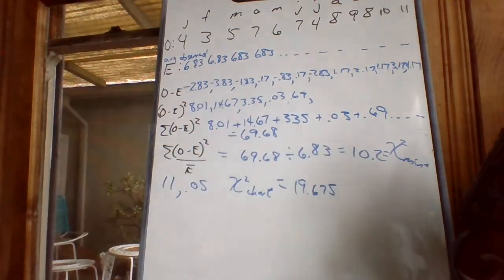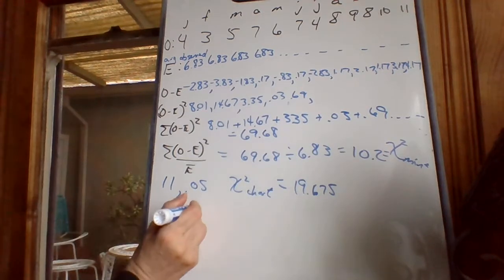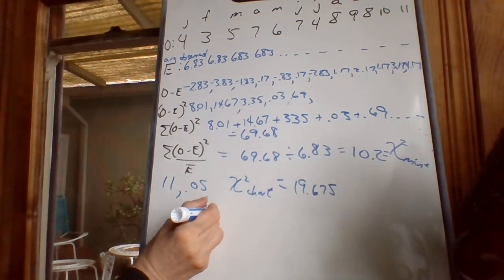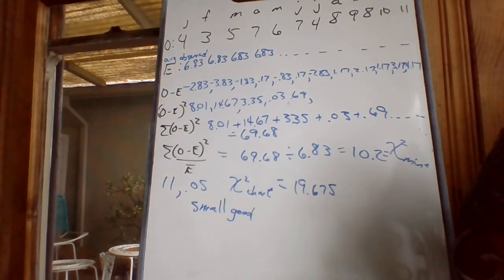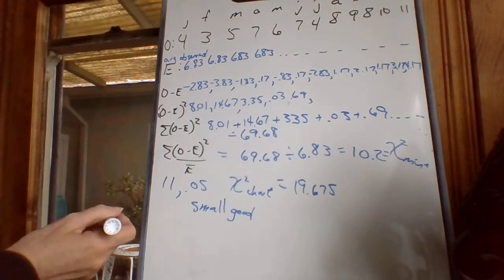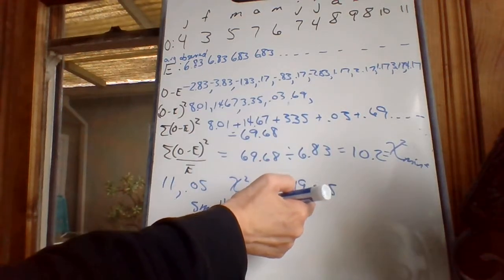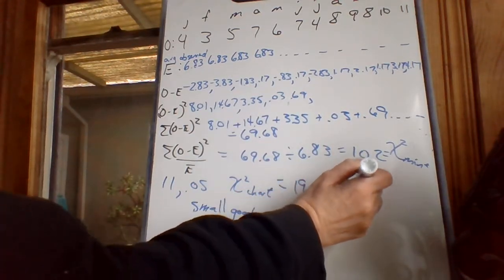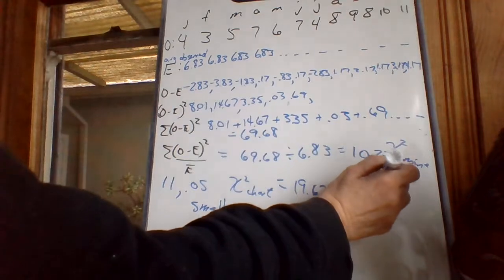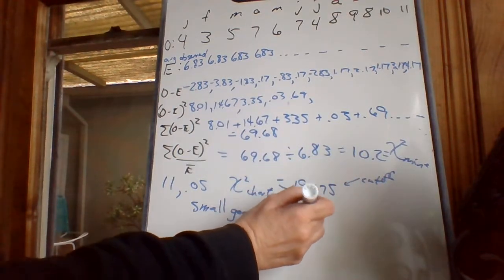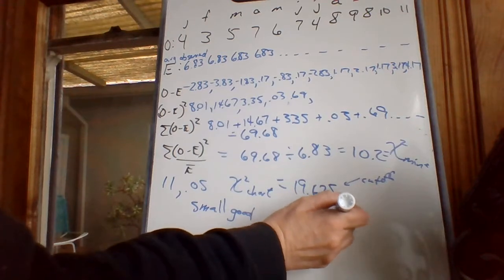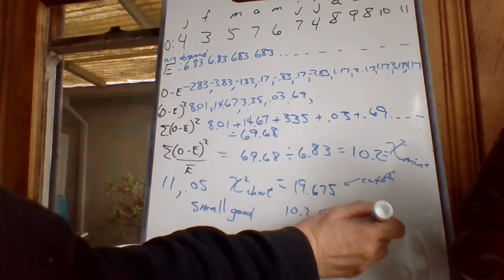My number is 10.2. Now we've got to look at the cutoff between good numbers and bad numbers. Small is good. Small means it kind of matches what you were expecting. Big means bad. But the cutoff between good and bad is actually this number right here. So 10.2 is less than 19.675.